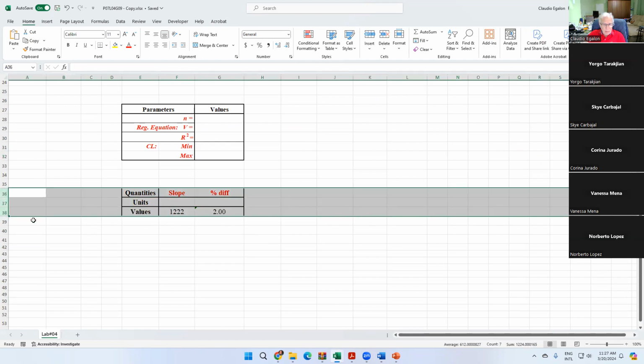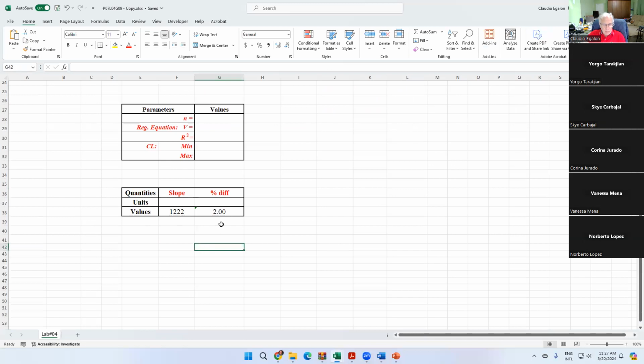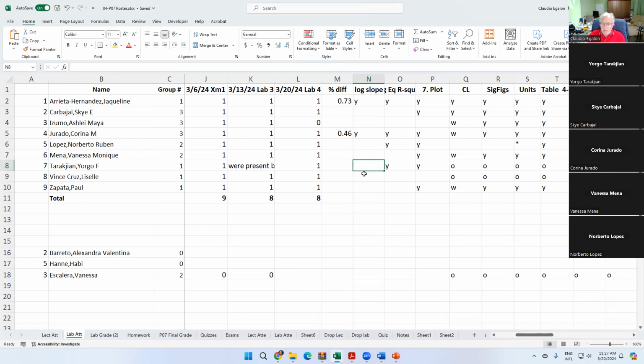Yeah. If I go with mine, there's 3%. There's the slope and there's a difference, the percentage difference. So you got 3%? Yeah, the difference was 0.351. 0.351? Okay, good. Thank you.